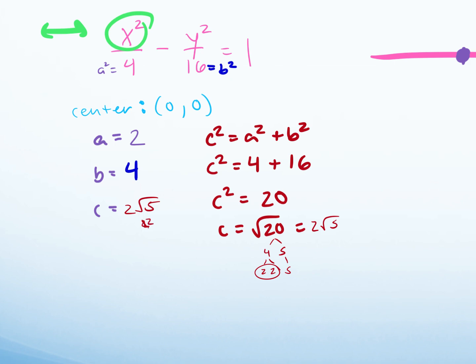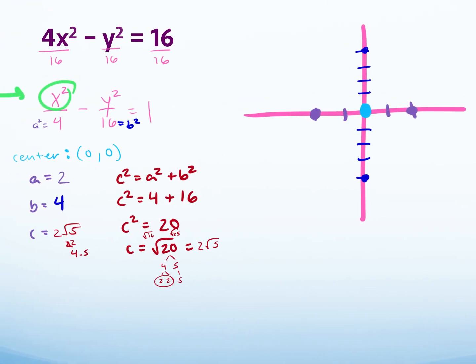About how much if I was to just graph it? Square root 20 is in between square root 16 and square root 25. So it'd be about how much? We can just say 4.5-ish, in between 4 and 5. A little bit more than 4, a little bit less than 5.